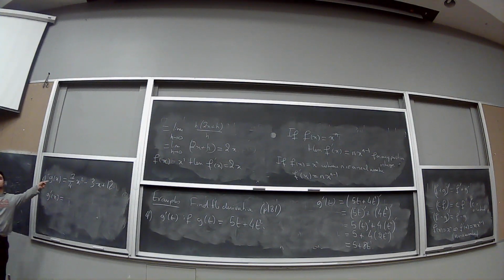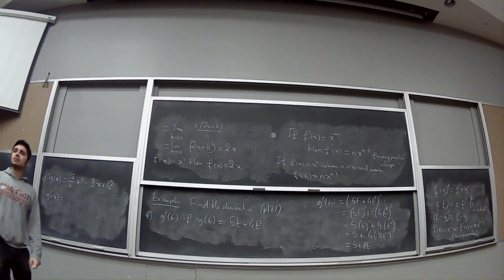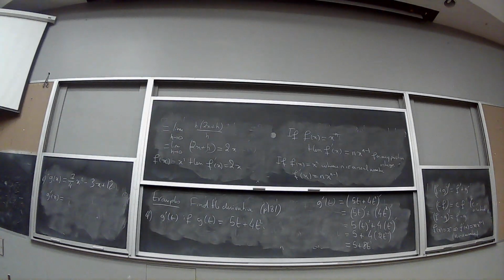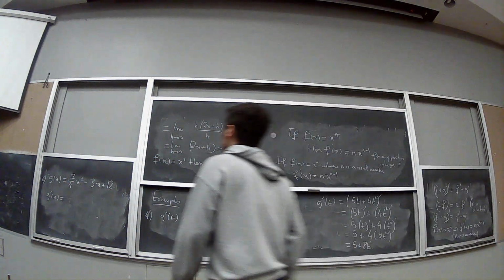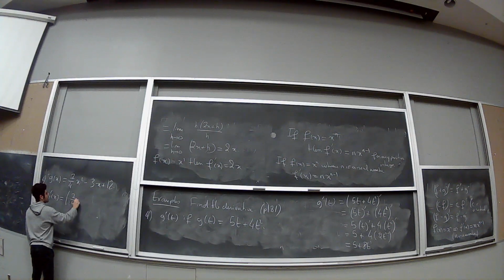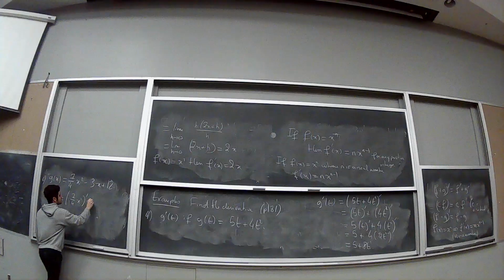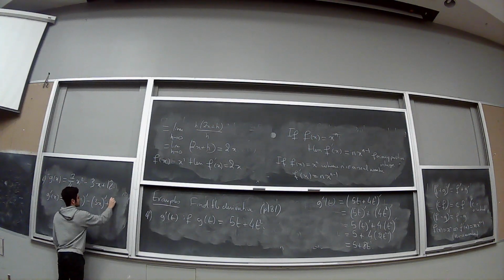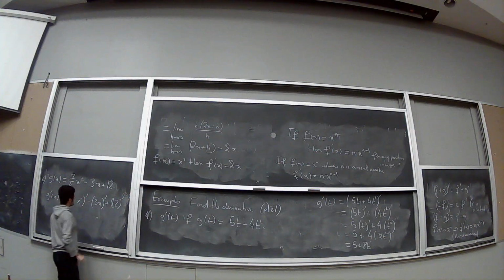So g is the sum of how many functions? Everybody, g is the sum of 3 functions. So the derivative of g is the sum of the 3 derivatives. You agree? So the derivative of g is the derivative of 7/4 x squared minus the derivative of 3x plus the derivative of 12.